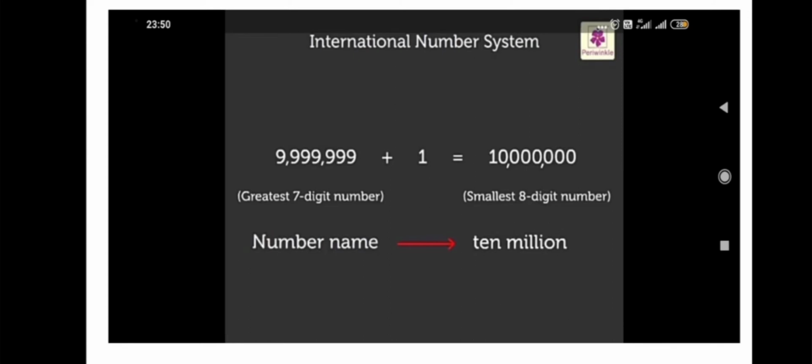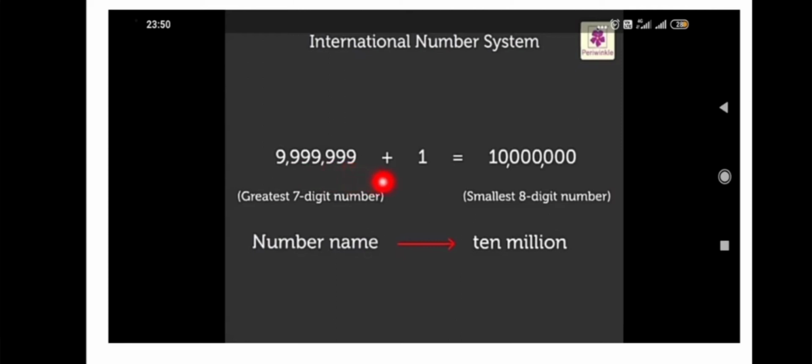Okay students, now here we will take one example. We have the greatest 7-digit number, 9,999,999.